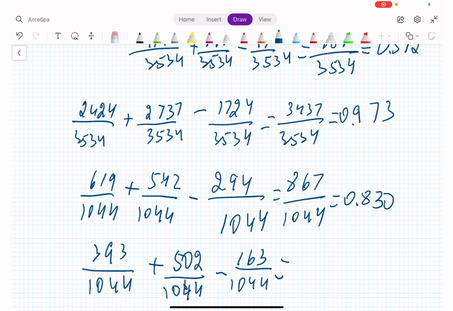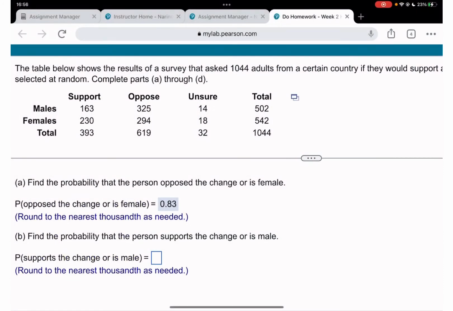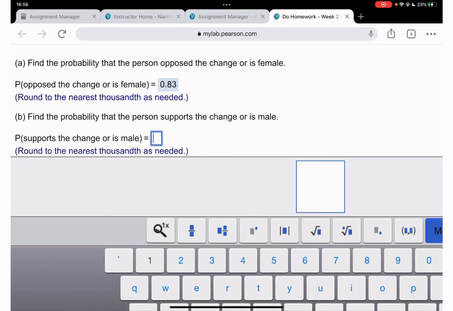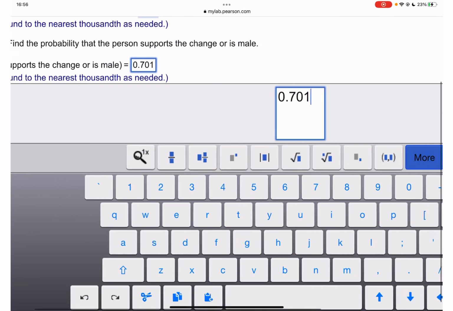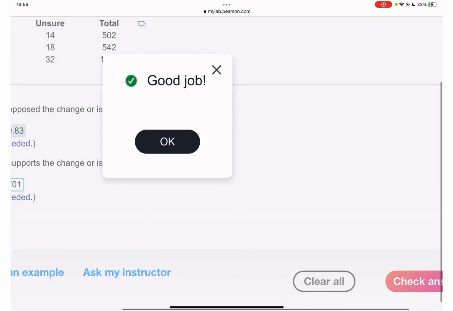We are getting 393 plus 502 minus 163, which is 732 over 1044. Dividing by 1044, we are getting 0.701. Good job.